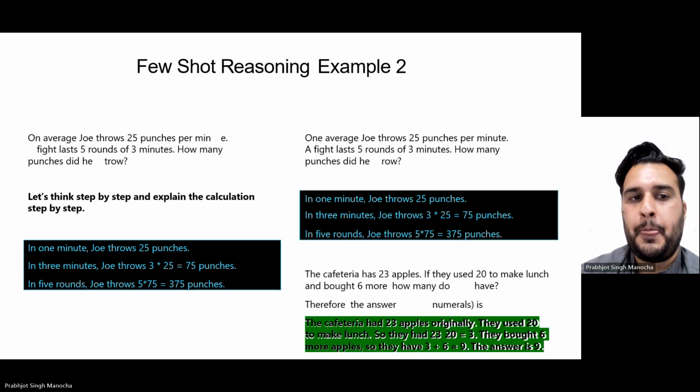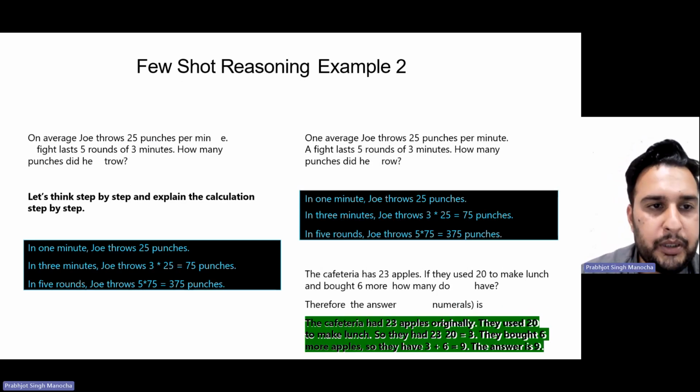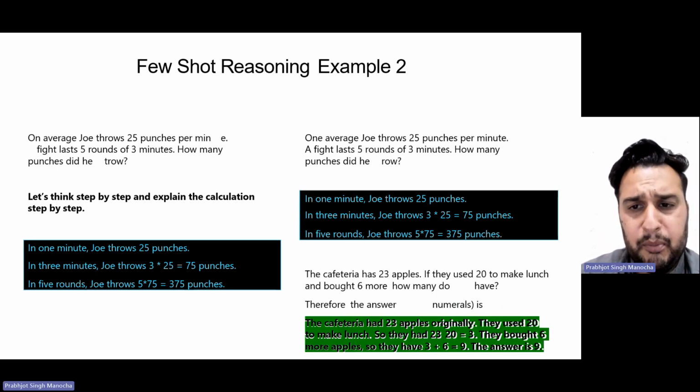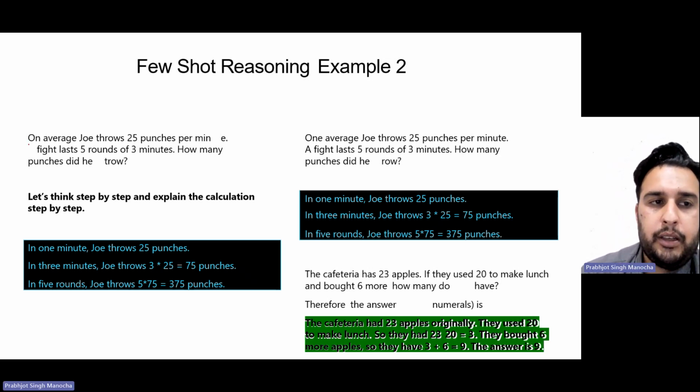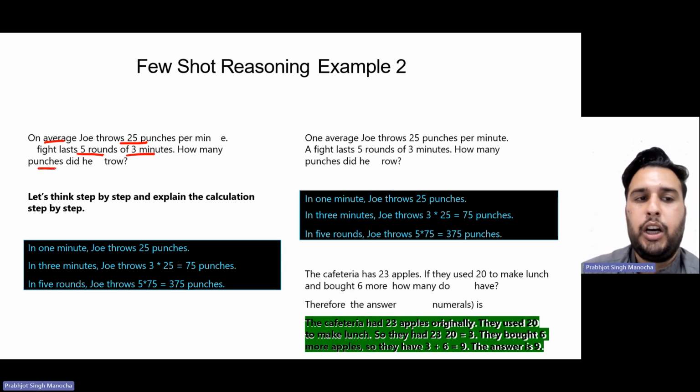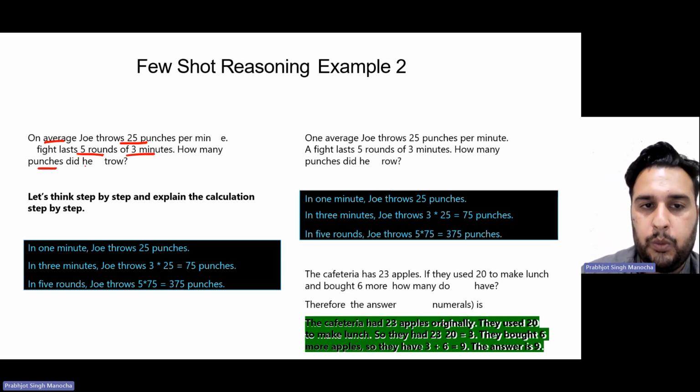Okay. So there are a few more examples that can be used, for example, on an average, Joe throws 25 punches per minute and fights last 5 rounds of 3 minutes. Now we want to know how many punches he threw.